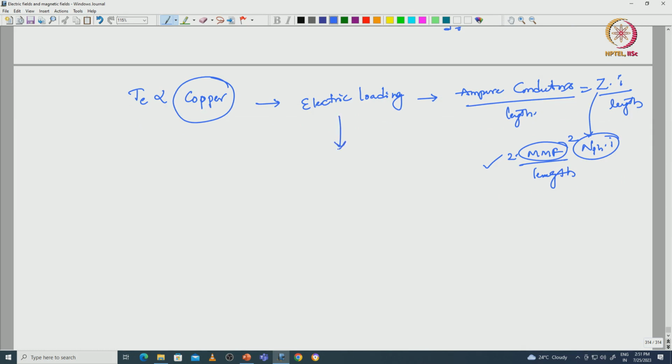Again this electric loading depends upon the I square R losses and type of winding, and coolant or thermal system we are utilizing for the machine, and skin effects and proximity effects. And other limitations which limit the electric loading value we have to consider appropriately to achieve the required torque.